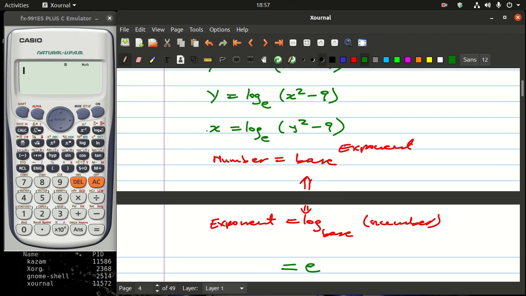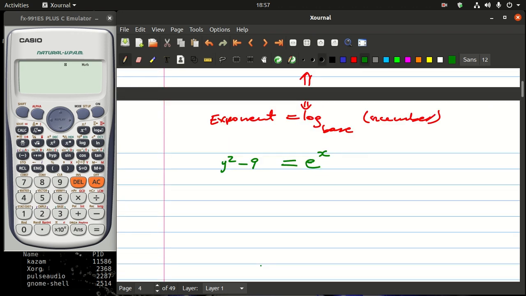And whatever that number was is supposed to be an exponent. And then what is inside here is supposed to be here. So we're supposed to have y squared minus 9. So we have changed this.